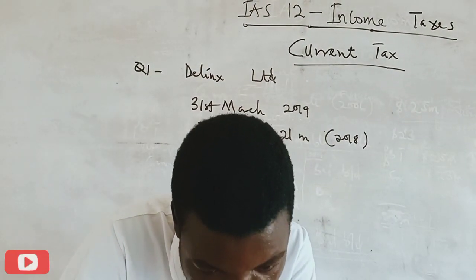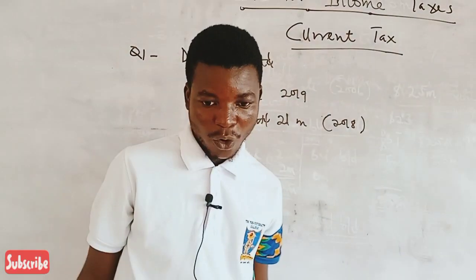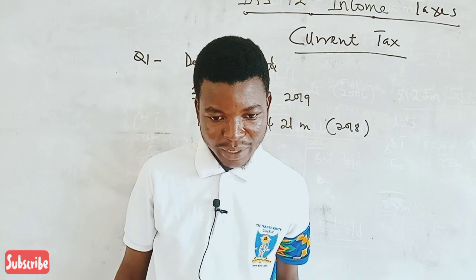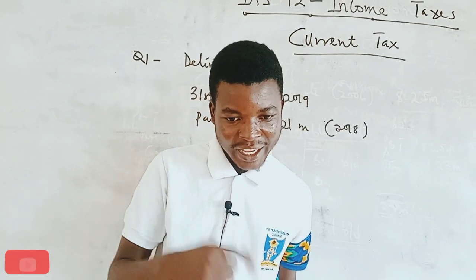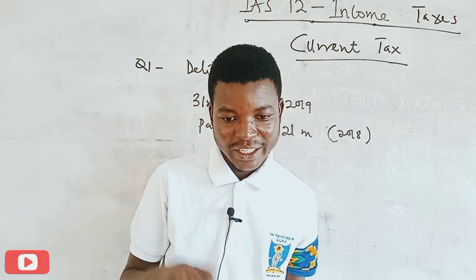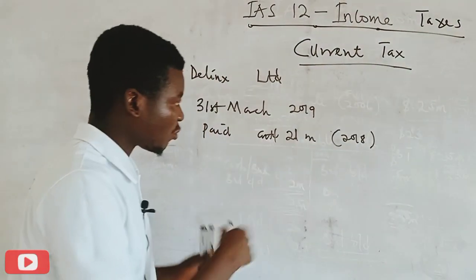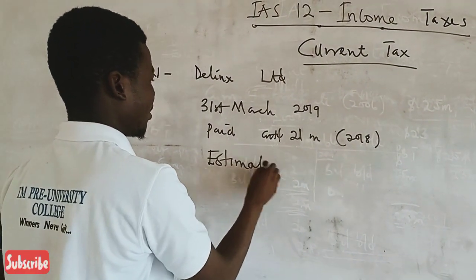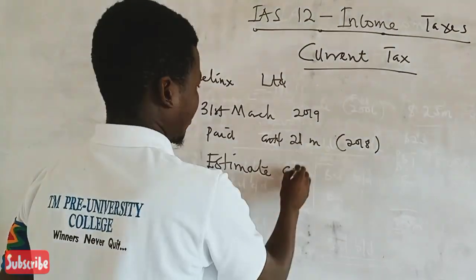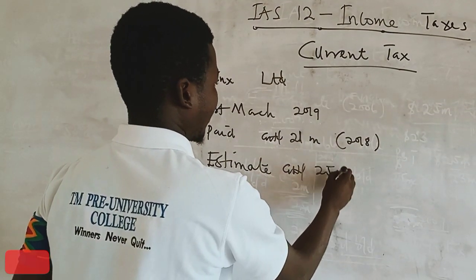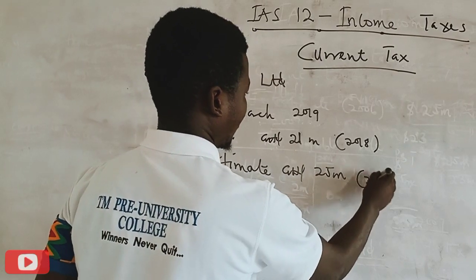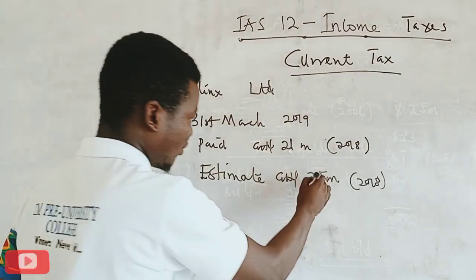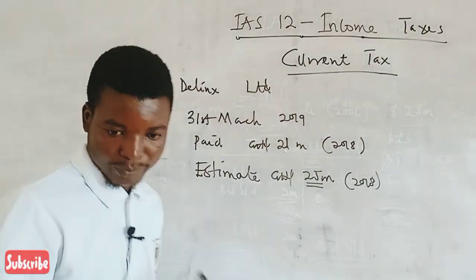It had previously made an estimated provision for corporation tax of 25 million in the financial statements for the year ended 31st March 2018. So the estimate for 2018 was 25 million. But in 2019, we paid 21 million in respect of this particular provision.